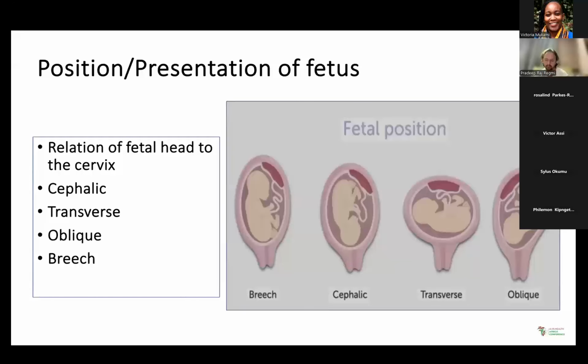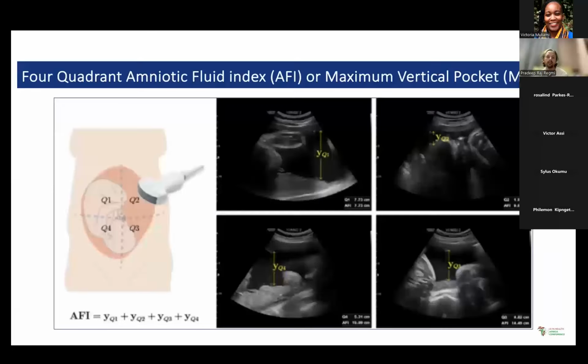And the fetal presentation in relation to the placenta as well as the cervix is quite important. This can be integrated, and AFI measurement, the amniotic fluid index, can be integrated in AI.